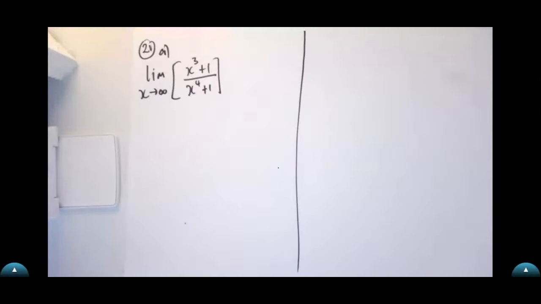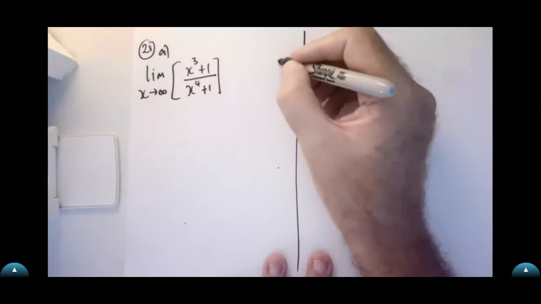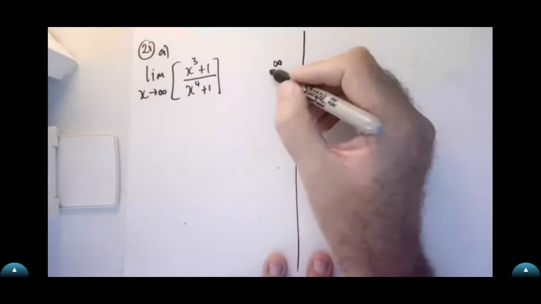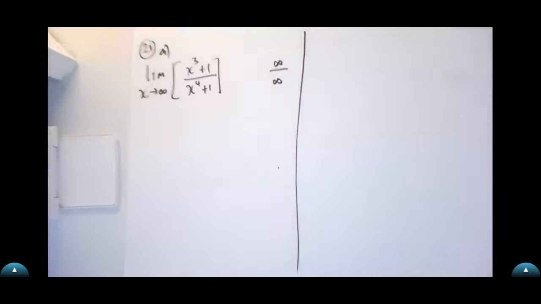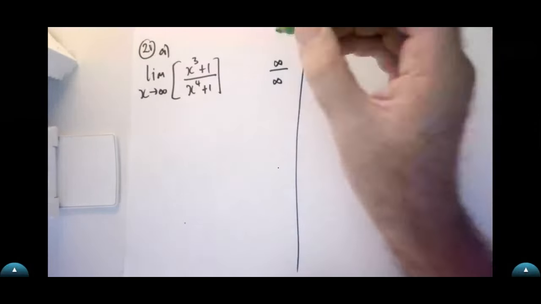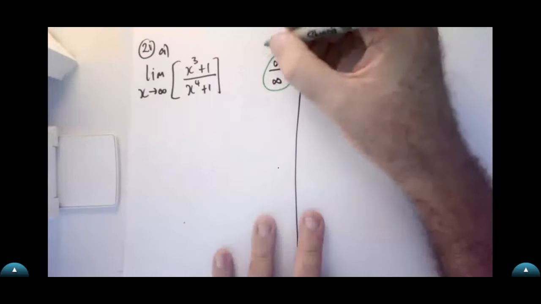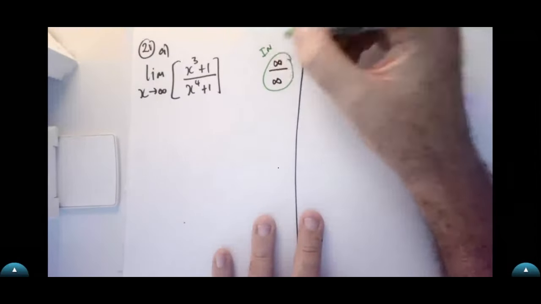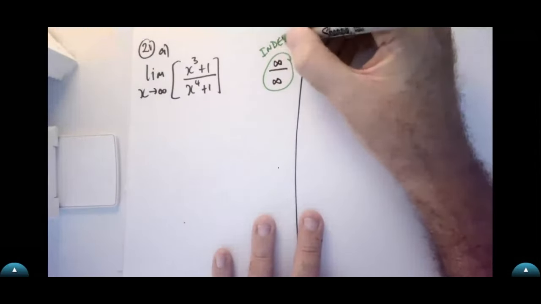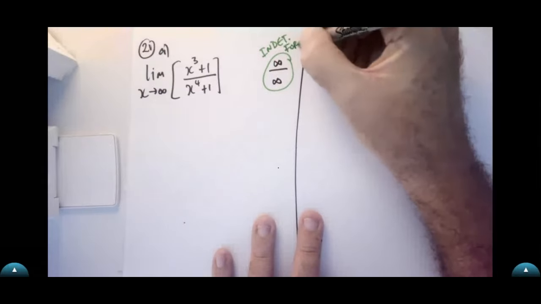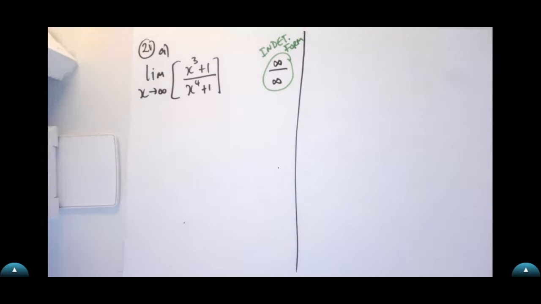If you just did the regular limit thing and replaced x with infinity, you'll end up with infinity on the top and infinity on the bottom, right? So this is another indeterminate form.